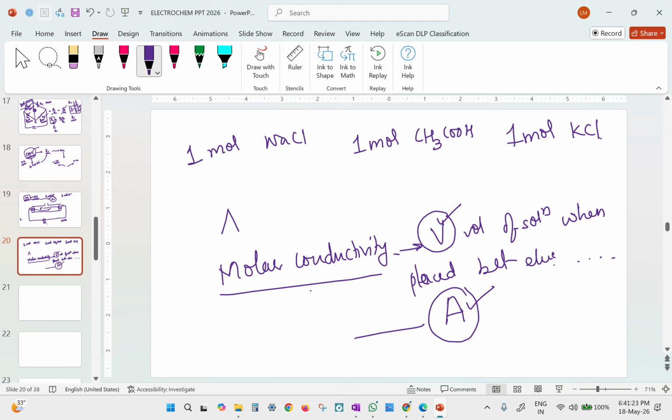So what is molar conductivity? Crudely, the conductivity offered by 1 mole of electrolyte. But you can't take a solid electrolyte and do measurements. It has to be in the form of a solution. So we'll say molar conductivity is the conductivity offered by V volume of solution when placed between electrodes at 1 unit distance having A area of cross section. That means A and V are bound to change depending upon the concentration.